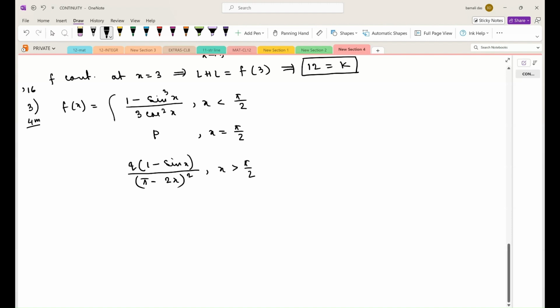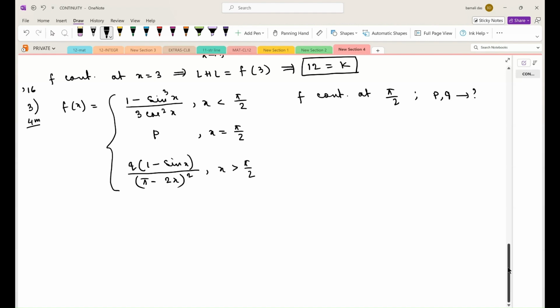So this is how the function has been defined for us. Also it is mentioned that f is continuous at pi by 2. So your job will be to find the values of p and q.